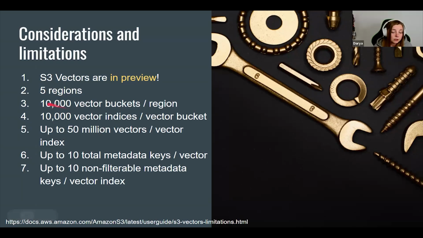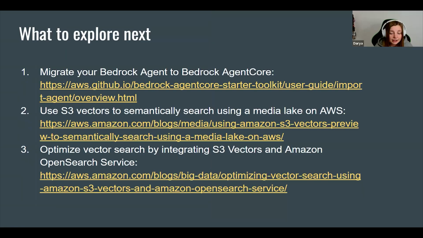The limits are 10,000 vector buckets per region, 10,000 vector indices per vector bucket, and up to 50 million vectors per vector index, and up to 10 total metadata keys per vector, and up to 10 non-filterable metadata keys per vector index. So let's see how it will go when they become generally available, but this is the current state.